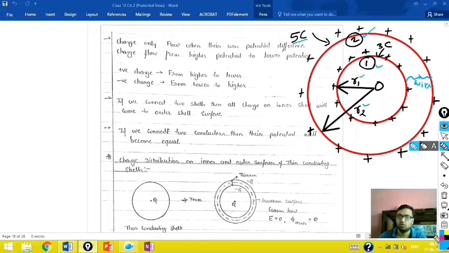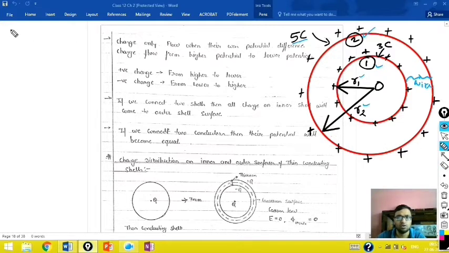We know that charge flows from higher potential to lower potential. In that case we have to find out which one has greater potential, inner sphere v1 or outer sphere v2. First I will calculate the potential of the outer sphere, v2, then the potential of the inner sphere, v1, and check which one is greater.